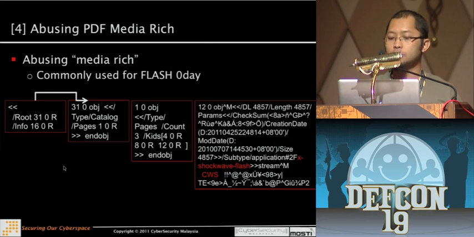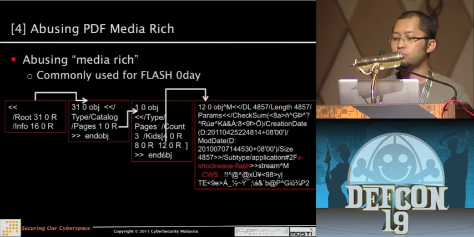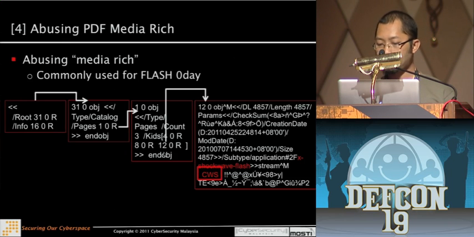You check /Root is pointing to object 31, and object 31 has the Pages pointing to page object 1. So you go to object 1 here, and then you have the page. And the page somehow has a reference to object 12. You go to object 12, and object 12 somehow has a Flash file on top of it. Okay.